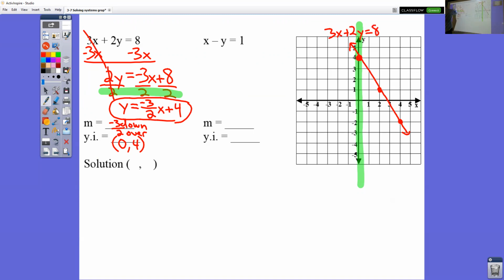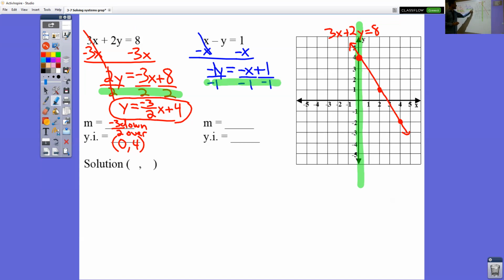For my second equation, again, I need to rearrange it for y equals. So I'm going to do minus x and minus x. So I have negative y equals negative x plus 1 when I switch around the order. Now, we did an example just like this. Remember that there's really a negative 1 in front of that y. So I need to divide by negative 1, divide by negative 1, divide by negative 1.